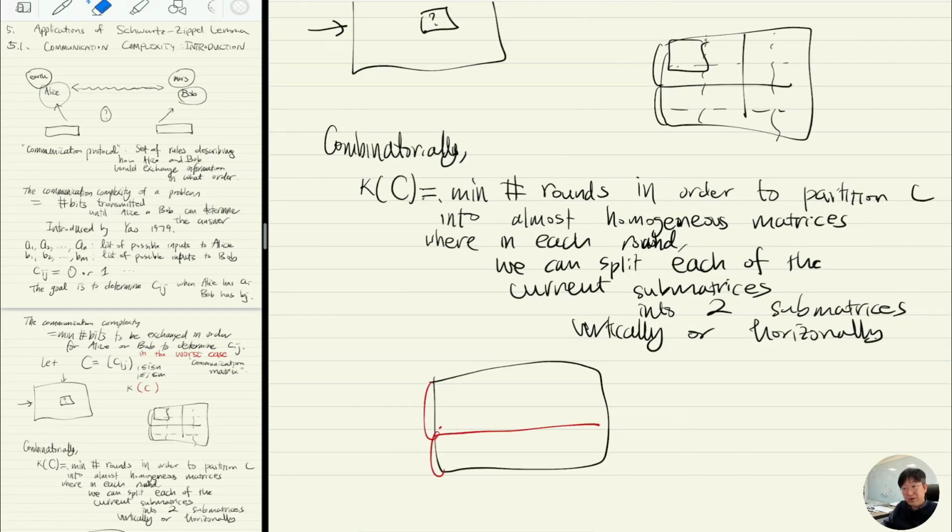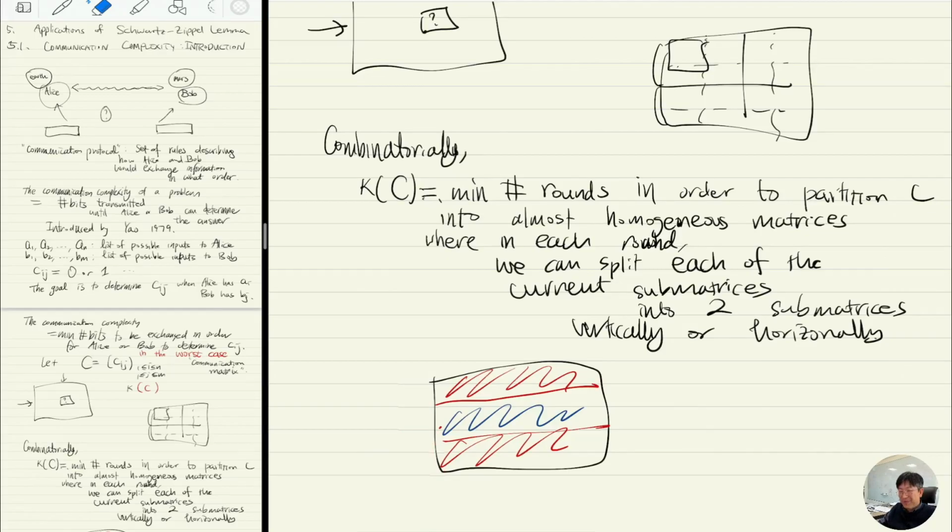So maybe I start with a partition like this. If the protocol says 0, that means here. More precisely, they don't have to be consecutive. Maybe the red part is here and the blue part is here, right? So red means Alice sends 0 and blue means Alice sends 1. And then Bob can guess that if it's 0, Alice's input is on the red side. If Alice sends 1, then Bob can guess that Alice's input is on the blue side.